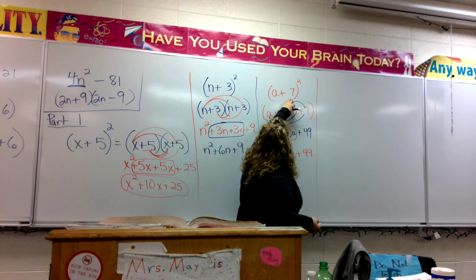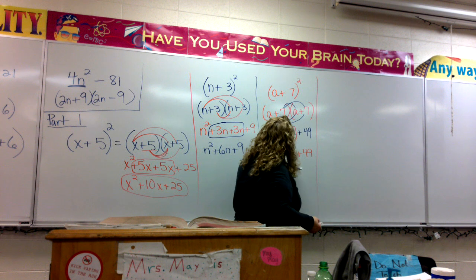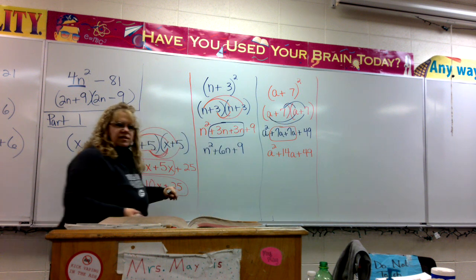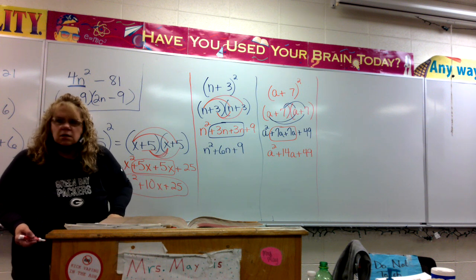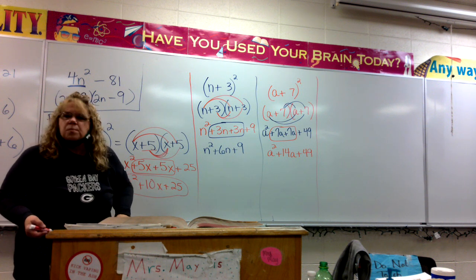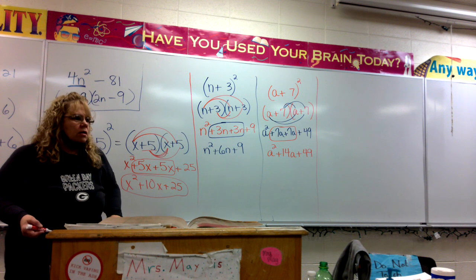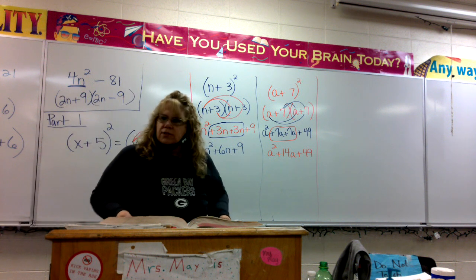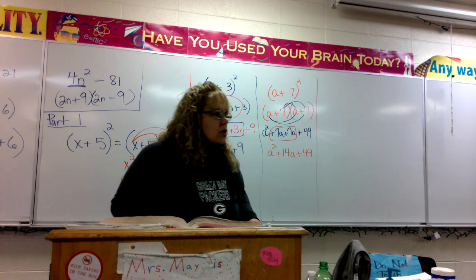I have 7. 7 times 2 is 14. Do you sort of notice there's a little bit of a pattern? Well, if you've been watching and not on your Chromebook, you probably notice a pattern, right?